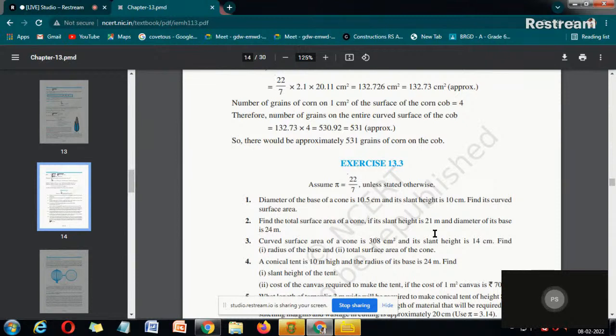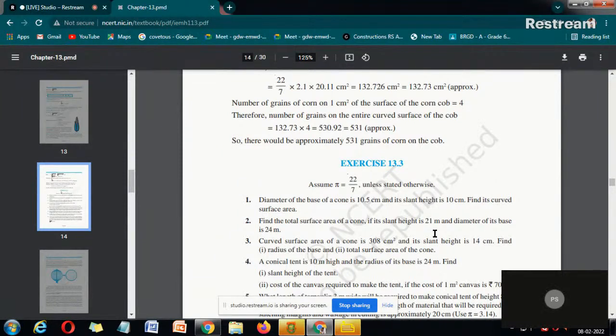Okay, so now we have found the slant height of the tent. Now what are they asking in the second question? Cost of canvas required to make the tent. If 1 meter square is 70, then now we have to find the total surface area, TSA, because it didn't mention only up or down or all those things.